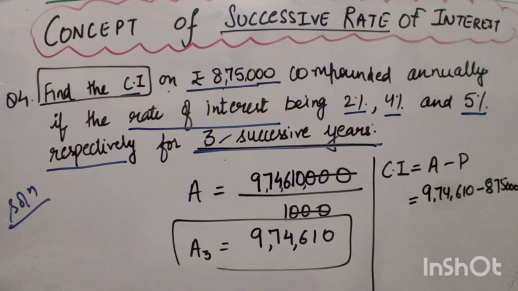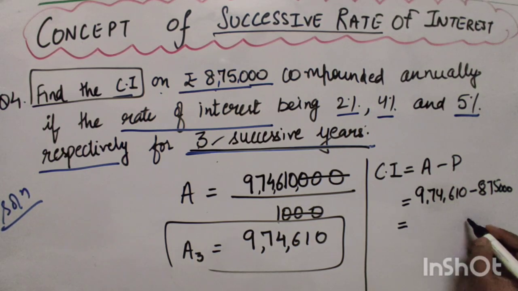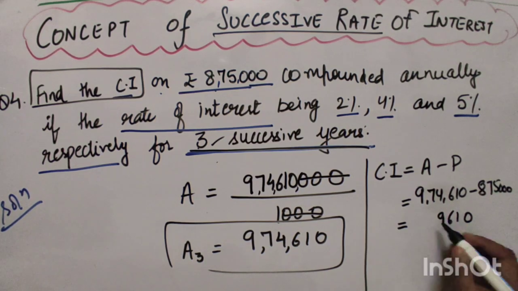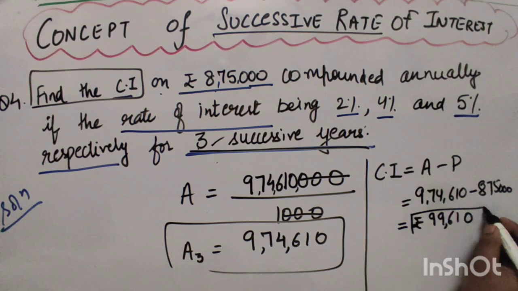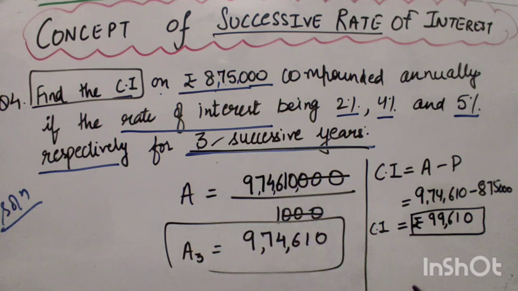Now we are going to solve it and we get the answer as 99,610. So this is the compound interest earned on rupees 8,75,000 with the successive rate of interest for the duration of 3 years. So this is the way, children, we can calculate any amount or any compound interest when the condition of successive rate of interest is given.